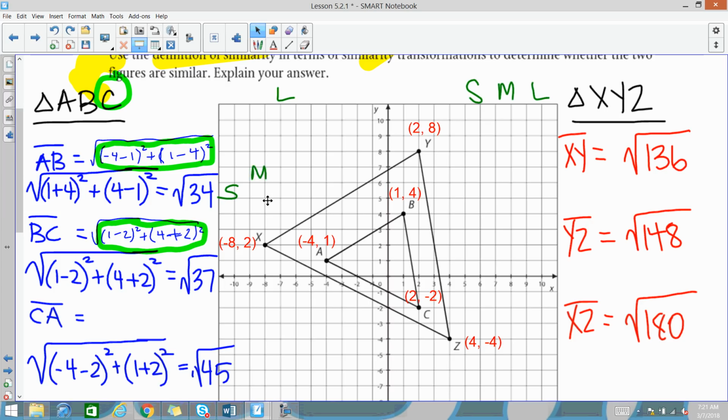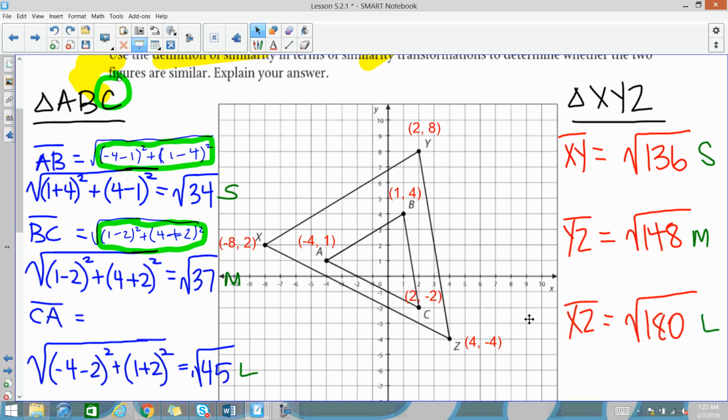Square root of 37 is the medium side, and square root of 45 is the large side. Using S, M, and L helps us categorize which sides are small, medium, and large in comparison. We're going to do the same thing with triangle XYZ. So I got 136, 148, and 180. 136 is your small, 148 is your medium, and your large is 180.